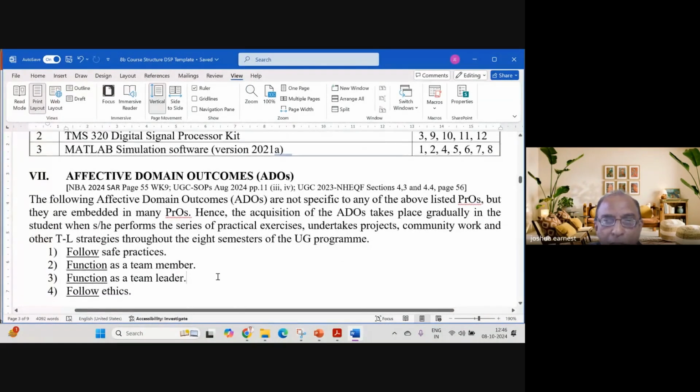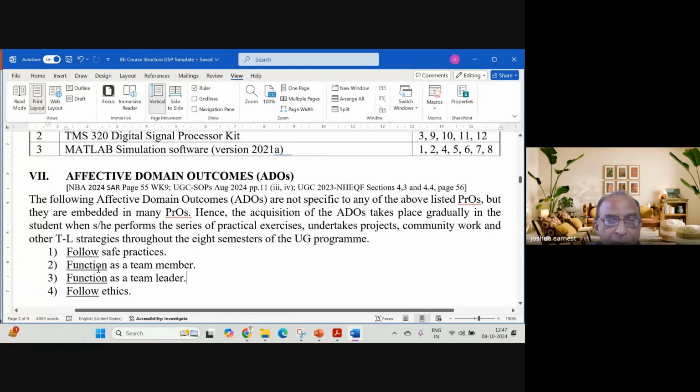Okay, the following affective domain outcomes are not specific to any of the above listed PROs, but are embedded in many PROs. Hence, the acquisition of the affective domain outcomes takes place gradually in the student when he or she performs a series of practical exercises, undertakes projects, community work, and other teaching learning strategies through the 8 semesters of the UG program.